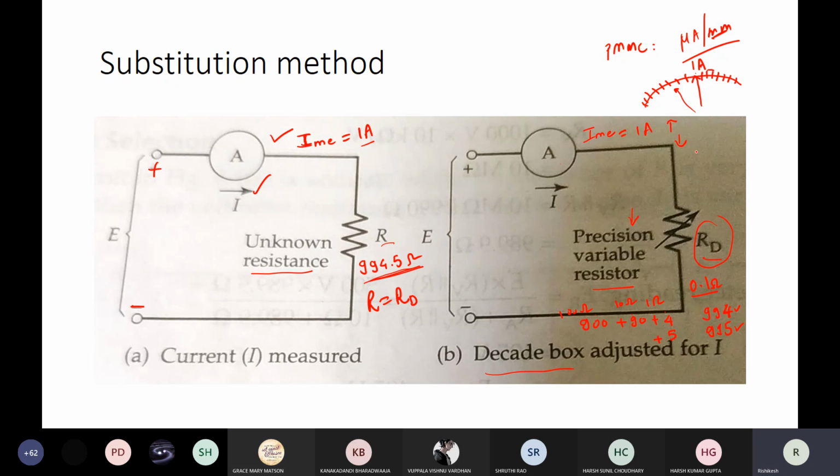It is the discreteness of the variable resistor which is causing the discrete movement of the ammeter pointer.